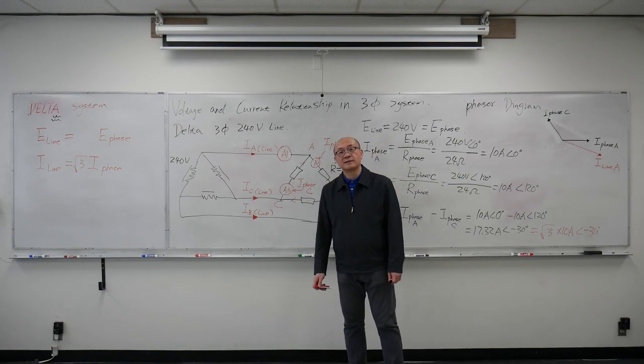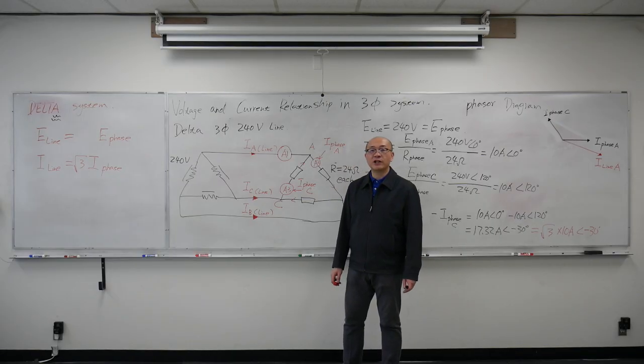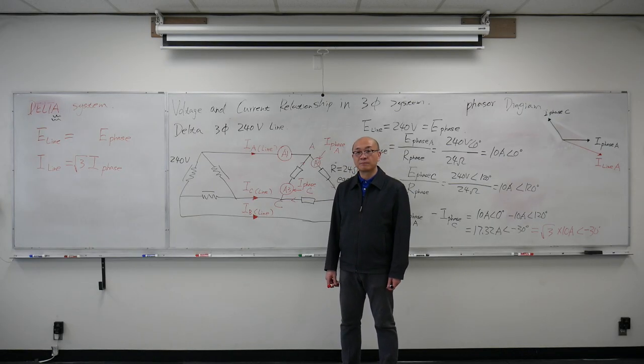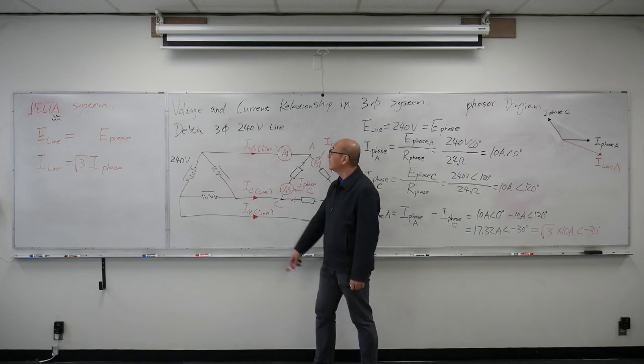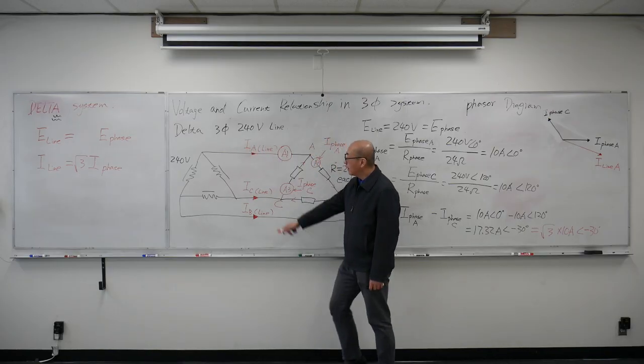Hello everyone. In this lesson we're going to talk about the relationship between voltage and current in a three-phase delta system. Here I have a delta system for the supply. It's three-phase 240 volts.